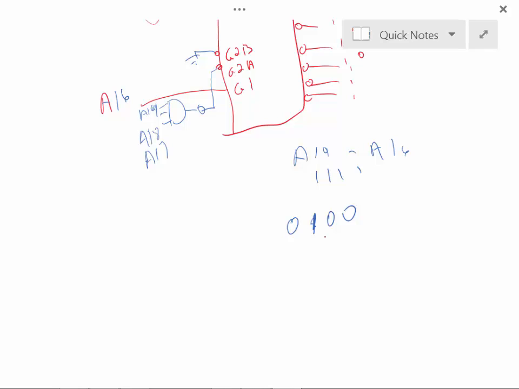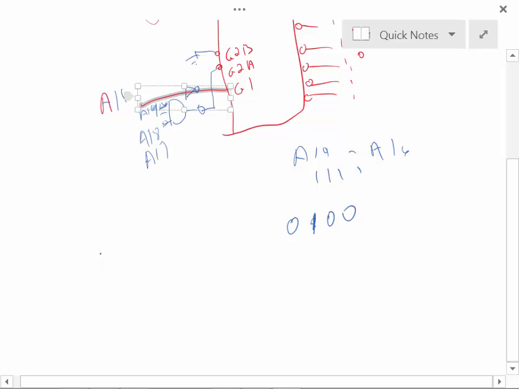It's worth 15 points, and the only key is knowing where to put 3 little triangles to answer this problem. So we want an inverter here, here, and here. We want to change this to where A16 goes through an inverter right there.